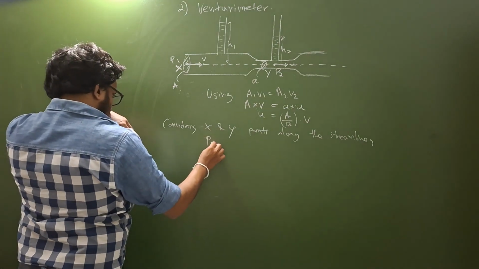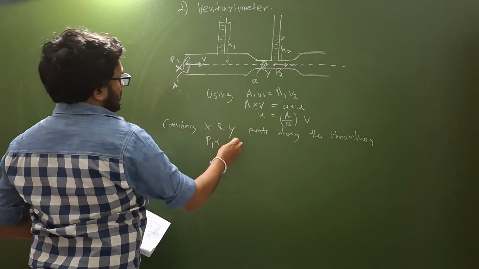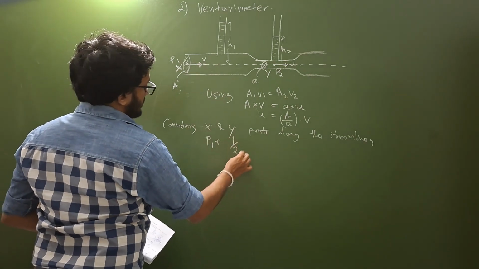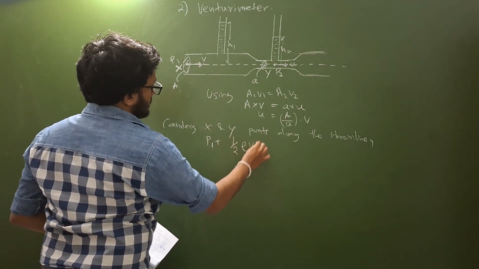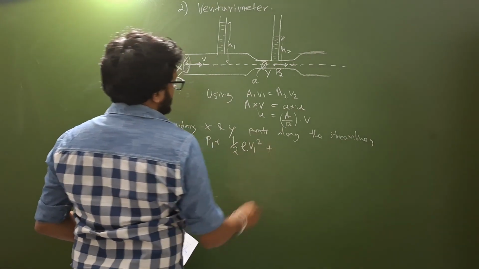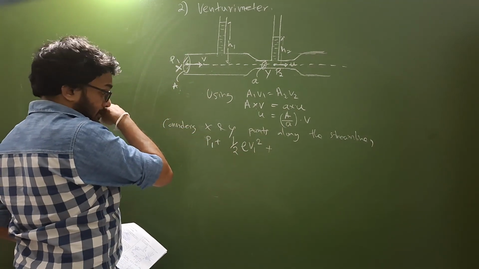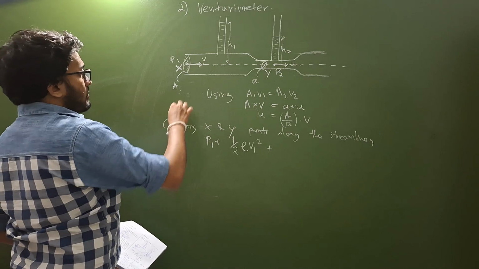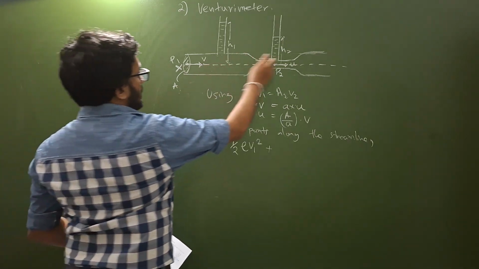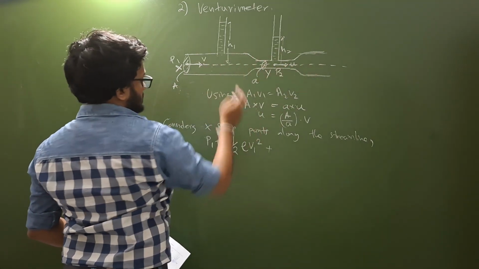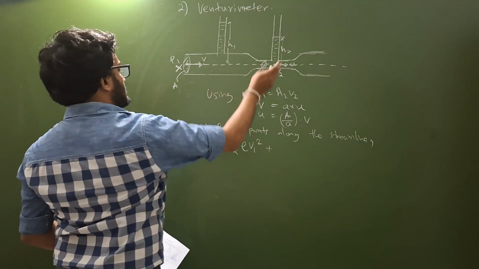P1 plus kinetic energy per unit volume, half rho V squared, plus the potential energy term. There is no potential energy term, because these are horizontal tubes, so it gets cancelled out.